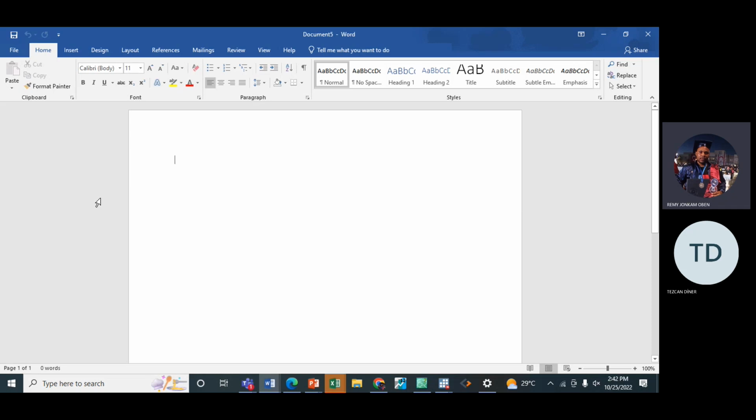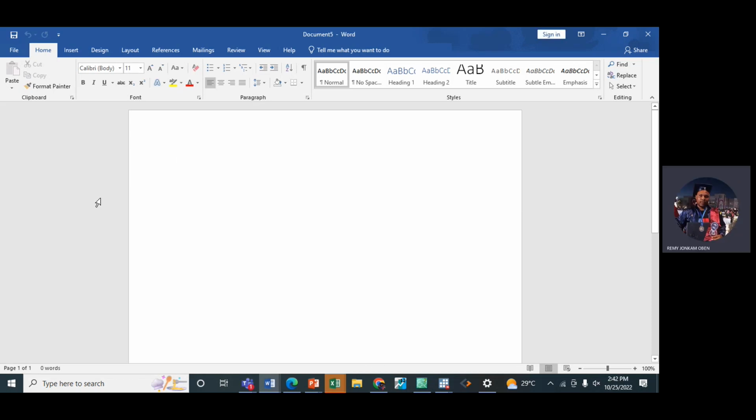So like the regression model, we have two types of regression analysis generally. Simple regression, and we have multiple.